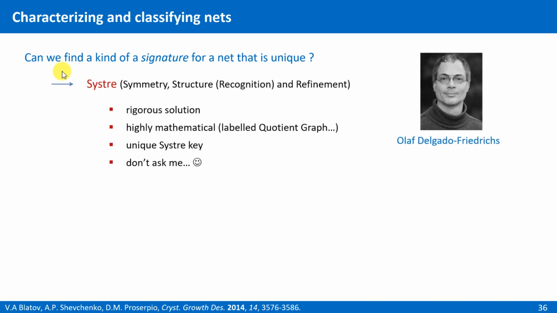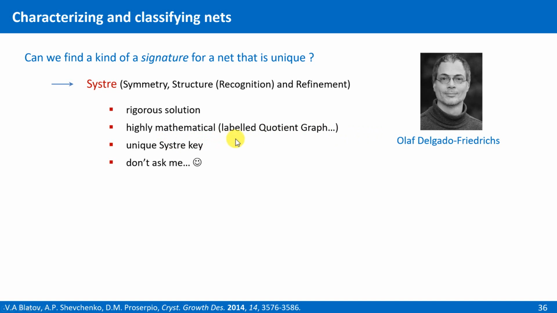The first is called Systre, which stands for Symmetry, Structure Recognition and Refinement. It was invented by Olaf Delgado Friedrichs, a German mathematician now living in Australia. And this program is able to answer the question if two nets are the same or not. There are highly mathematical algorithms involved.